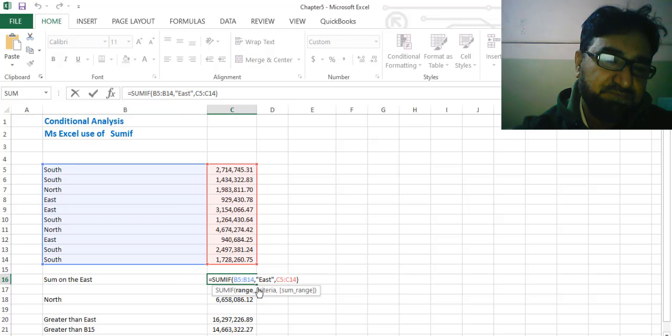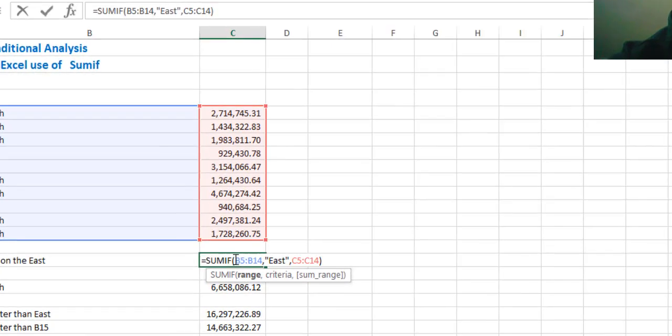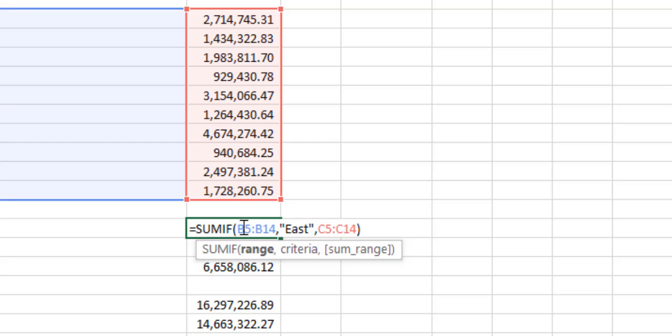Look at this formula, SUMIF and the range B5 B14. This is written in the blue color, and this side is also selected with the blue color, which indicates that this range is the blue one.